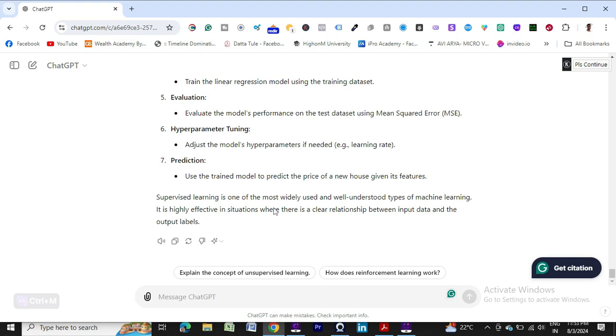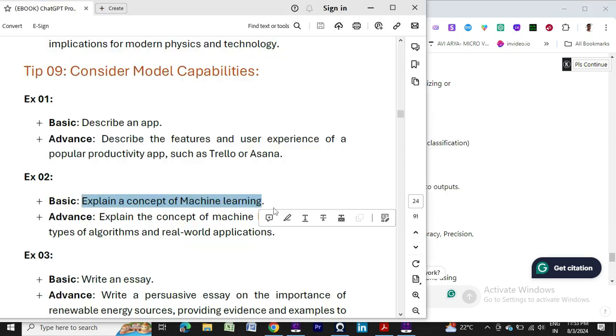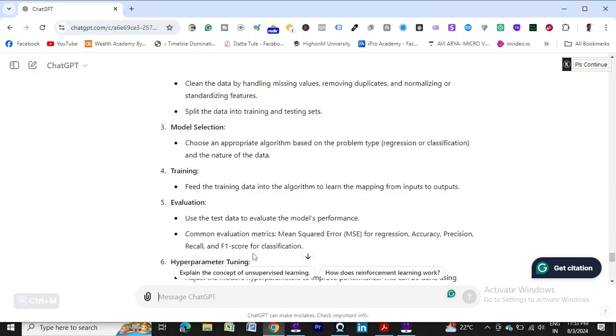All these detailed information it has given. For information purposes it is correct, but if you want some specific information, in that case you need to modify that prompt.